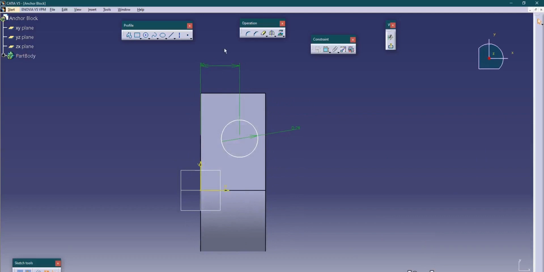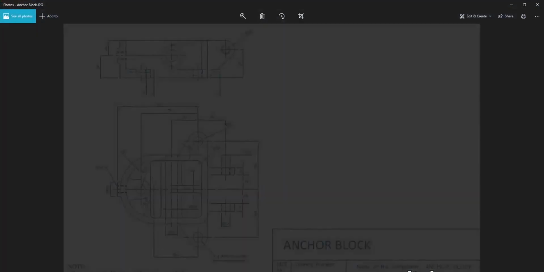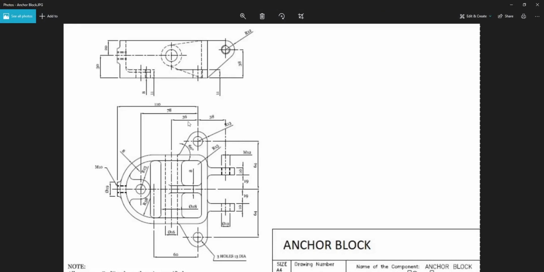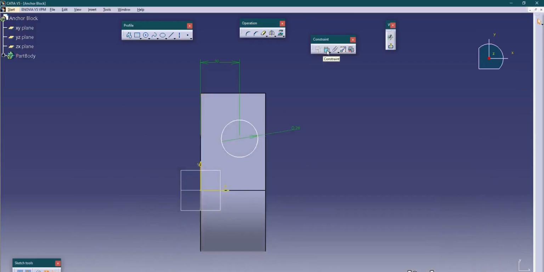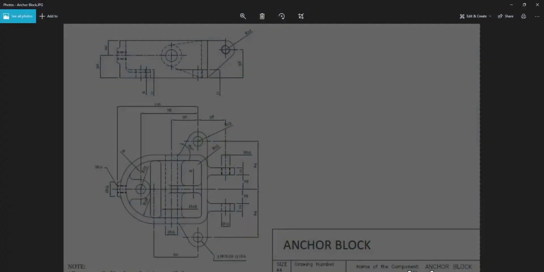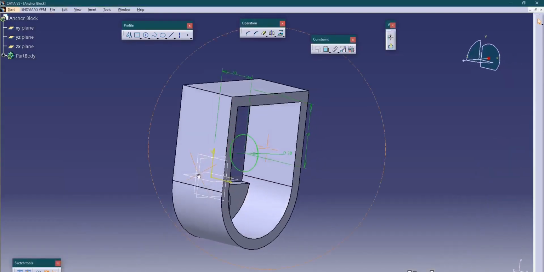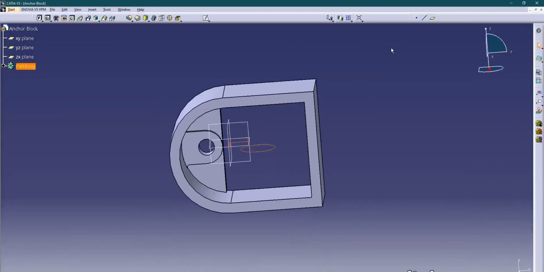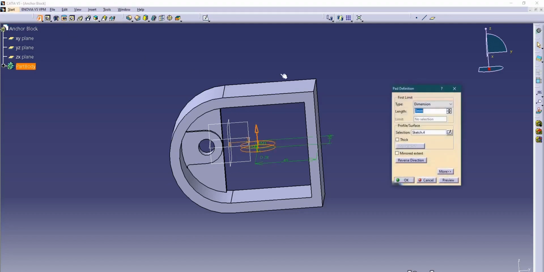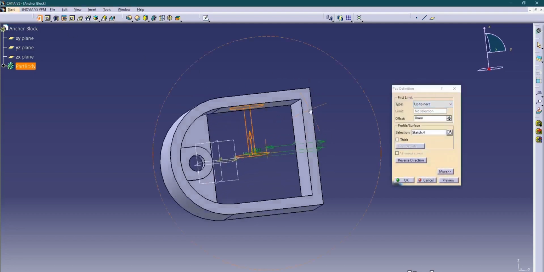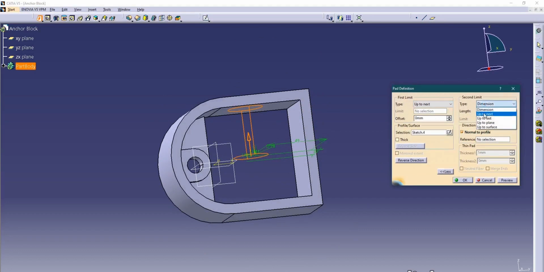Normal view, and 36 plus 13. Now it would be up to next at the first limit and up to next at the second limit.